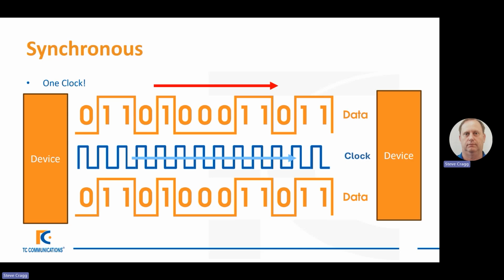So it can use the incoming clock to synchronize its data on the way out. When it's received by the other device, that data is decoded by using the outgoing clock to synchronize the incoming data.